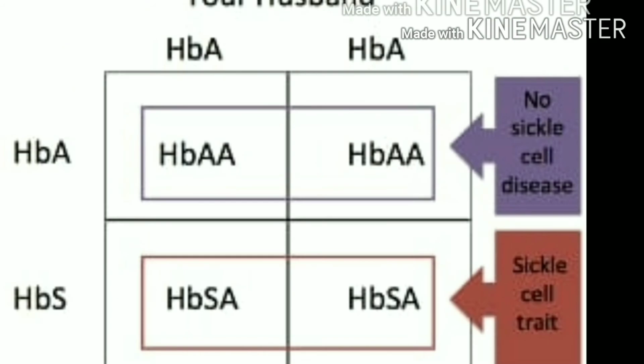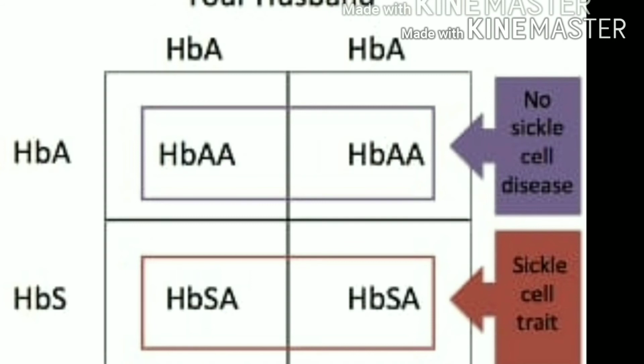Here is the Punnett square for sickle cell anemia. Look at the alleles. On top it is HB capital A and HB capital A. They are normal alleles.